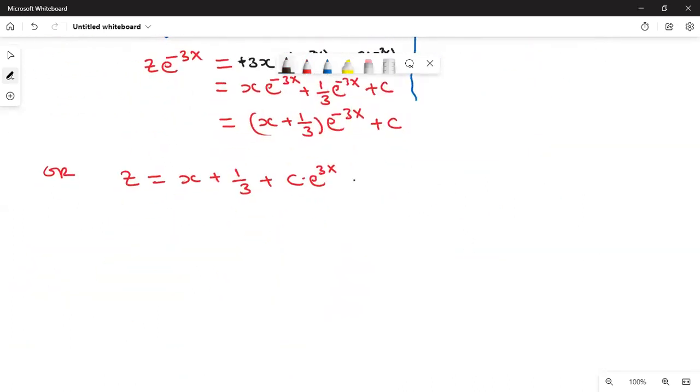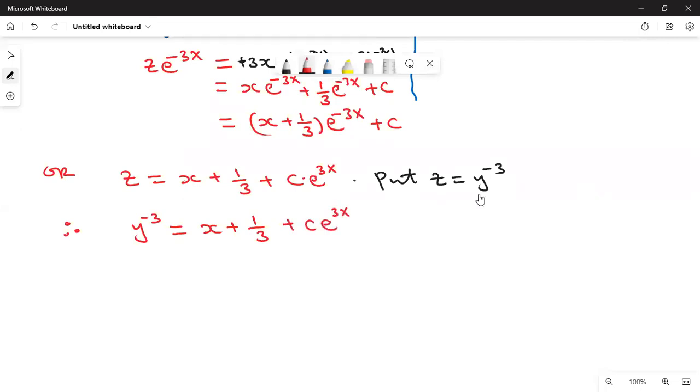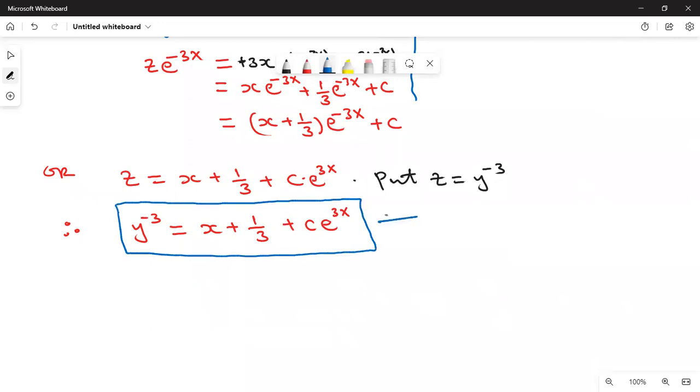So we put z equal to y raised to negative 3, so that we are going to get this. Therefore, y raised to negative 3 is equal to x plus 1 over 3 plus c exponential 3x. So this one here is our general solution. Remember, we don't have conditions to apply here. And so this is the general solution.